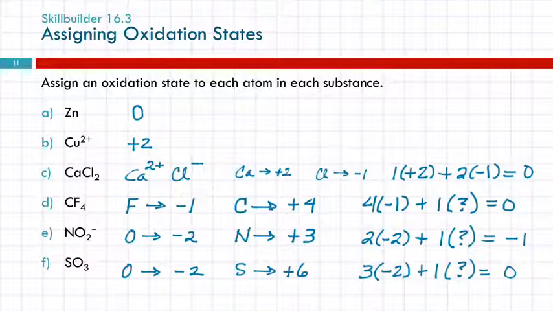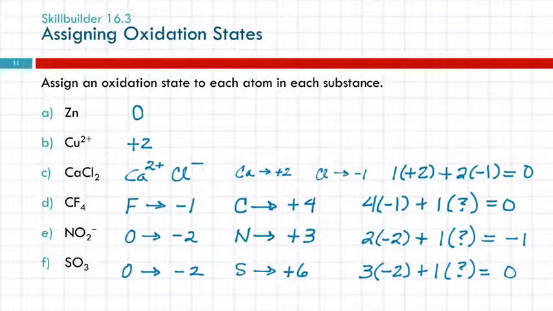Because then this compound would have a -8 charge, and that's not what it has. What this tells us is that as sulfur and oxygen are sharing their electrons, oxygen is having those electrons spend more time at its house than sulfur. And so the sulfur part is sort of positive.